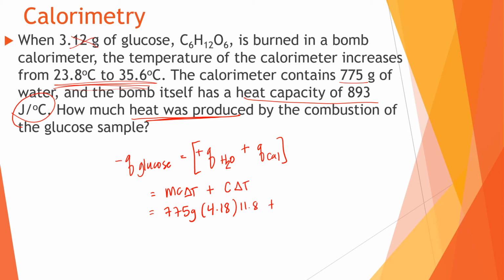Now we've got to add that to 893 times the temperature change, which is also 11.8. So the temperature change is the same. This is the heat capacity of the calorimeter. This is the specific heat of water, and this is the mass of water.